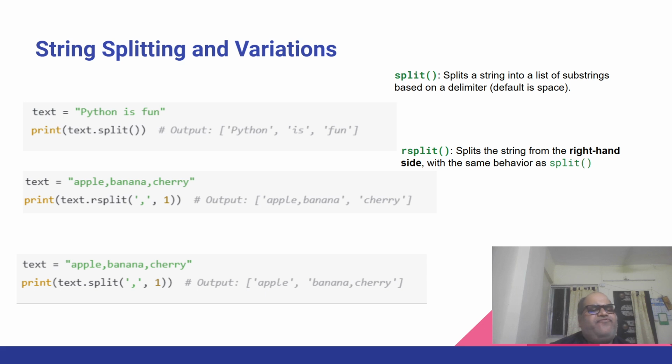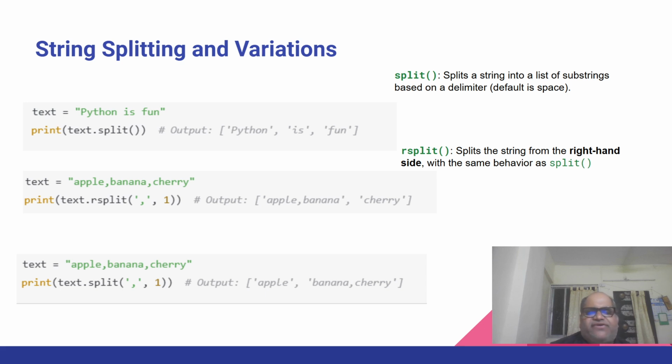Python, is, fun. Now it also supports right split, or rsplit, where you can provide on which character to split. Say here we are doing it with a comma, and we are actually looking at an individual split. From the right it will get cherry, and then apple and banana will be separate.